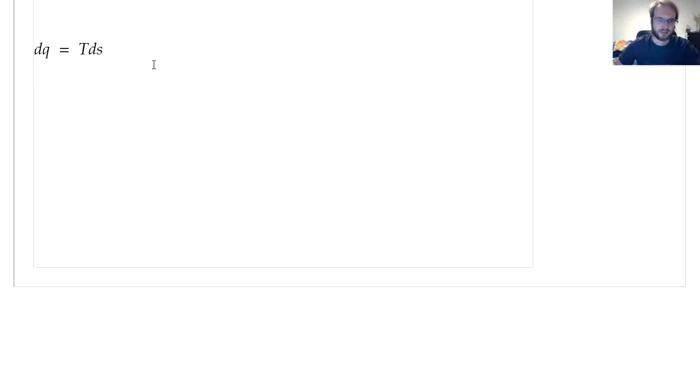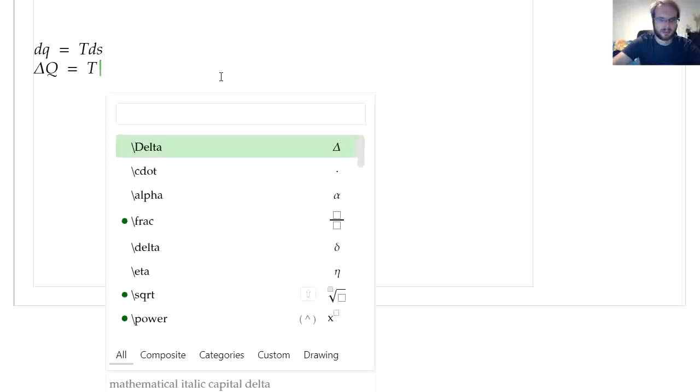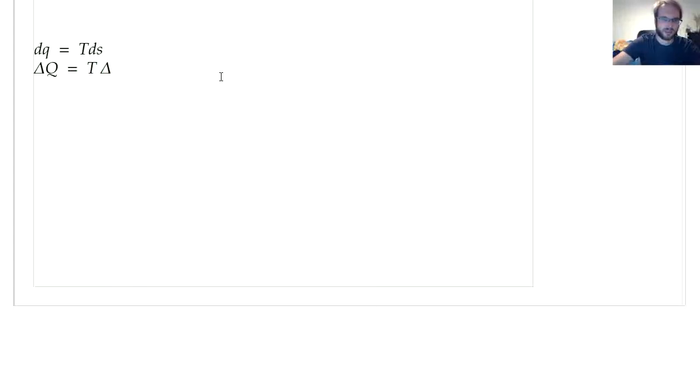And since the temperature is constant, we can also write that delta Q is temperature times delta entropy, or we can write it also in lowercase in unit parameters. So it works for both absolute heat and absolute entropy, and unit heat and unit entropy.